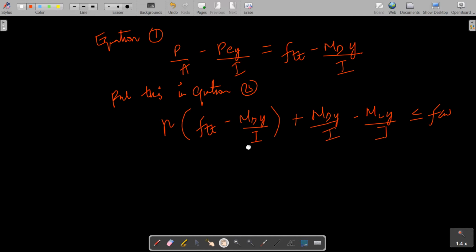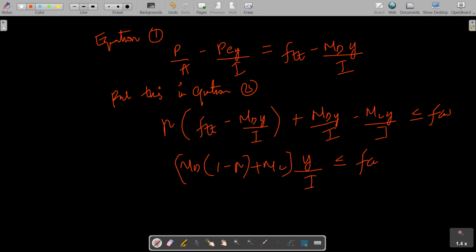Rearranging this I will get MD into 1 minus efficiency plus ML into Y by I must be less than or equal to FCW minus eta into FTT.